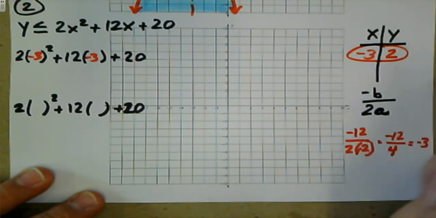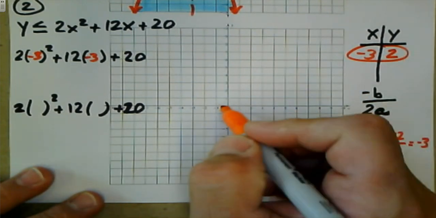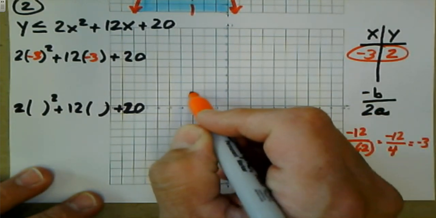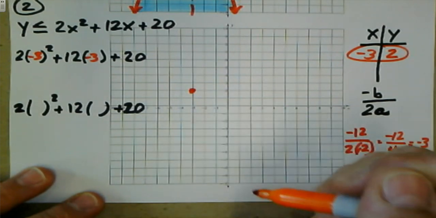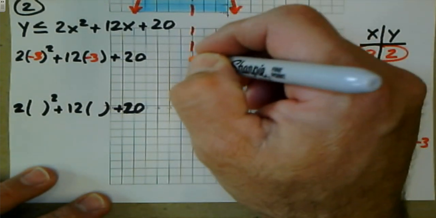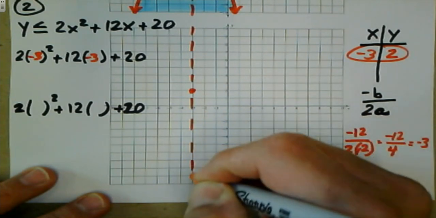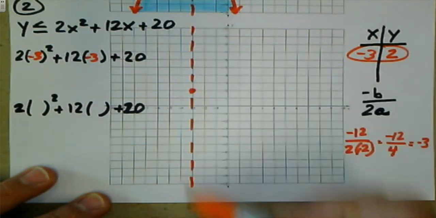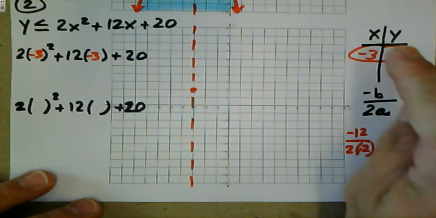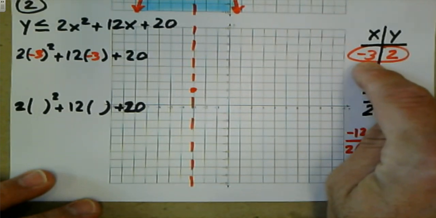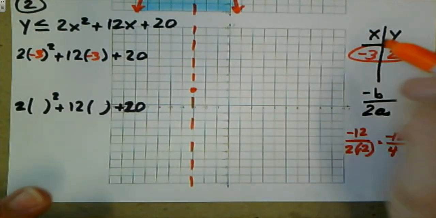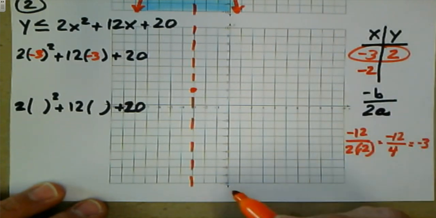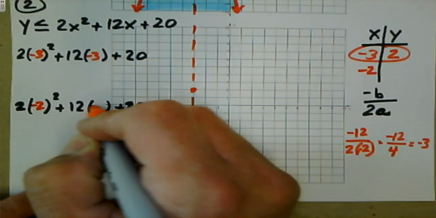That is our first coordinate point and also our vertex. So we go to negative 3 on the x and 2 on the y. And there we have the vertex. And from that, we have the axis of symmetry, which is at negative 3. Then we go ahead and we pick the next number. We just count negative 4 or negative 2. I prefer negative 2. So now we put negative 2 into our parentheses.